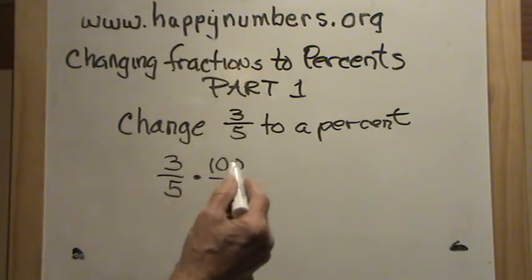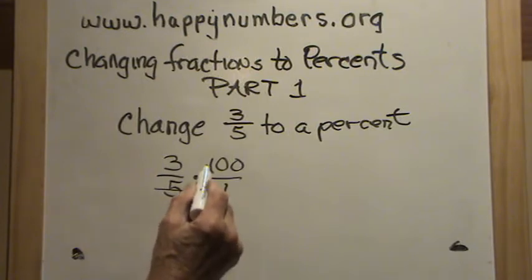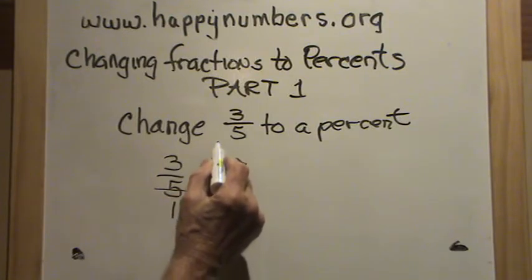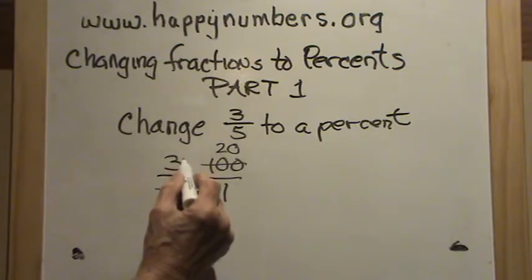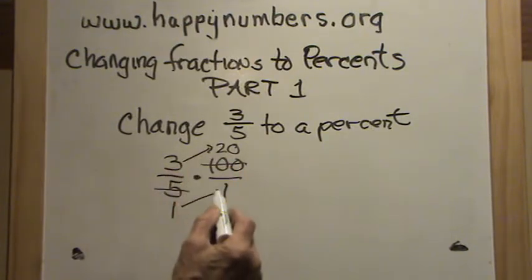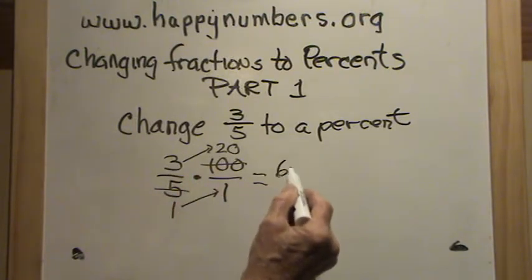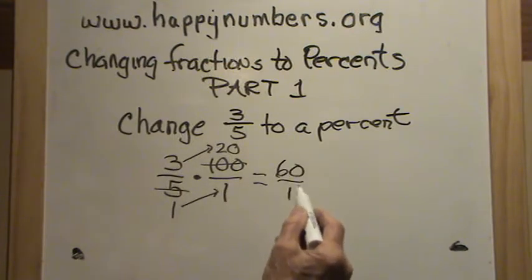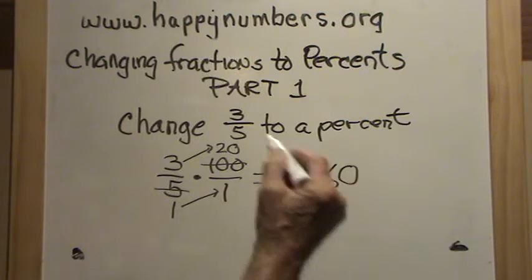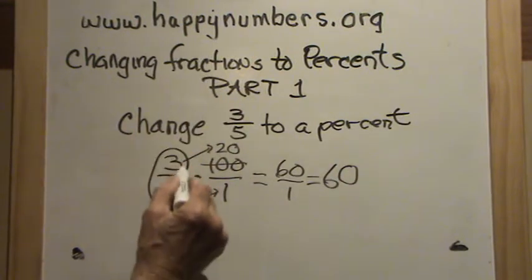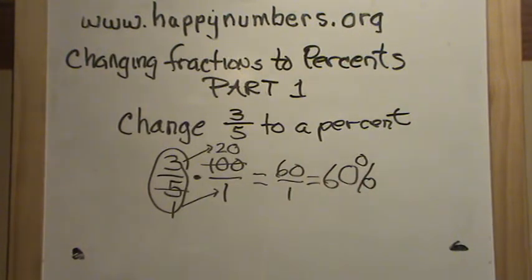And now we can cancel here. 5 goes into 5 one time. 5 goes into 100 20 times. Now we're done canceling. Now we multiply. 3 times 20 is 60. 1 times 1 is 1. 60 over 1 is 60. And then we just have to remember, since we're changing a fraction to a percent, to put our percent sign.